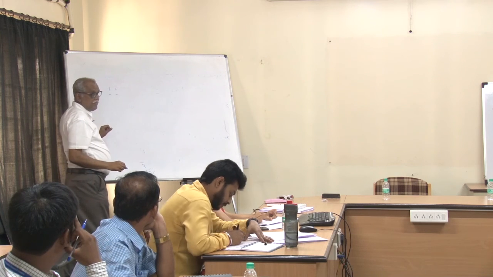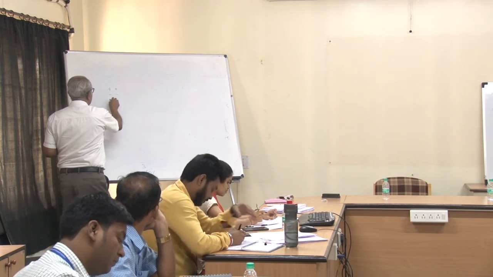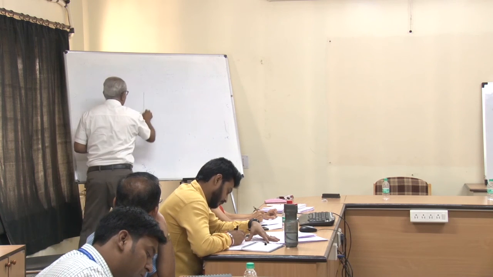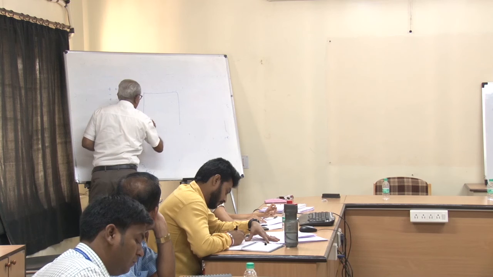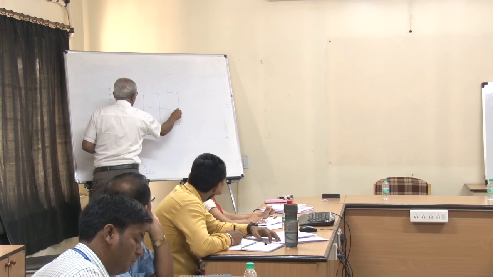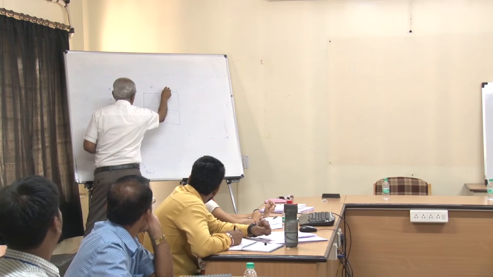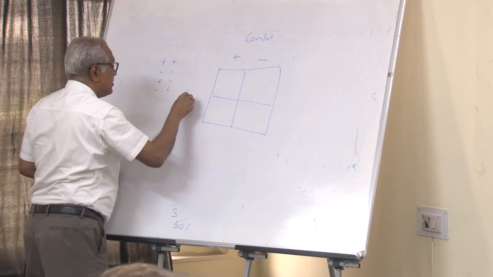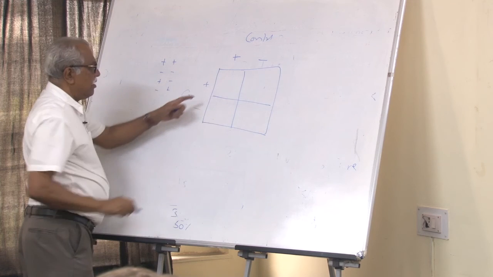So the 2 by 2 table is trying to bring that. Put all the pairs where both are positive in cell A, both negative in this cell.